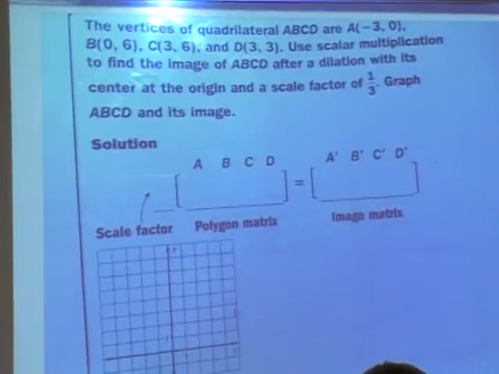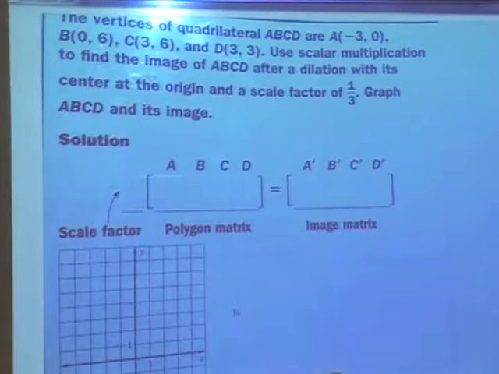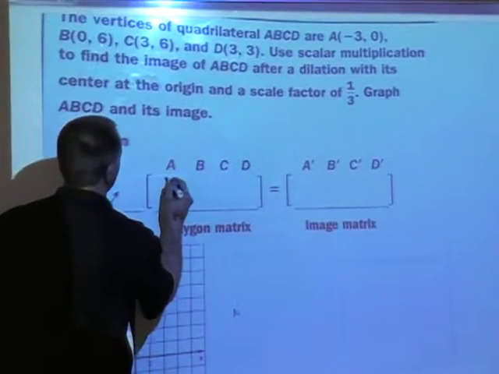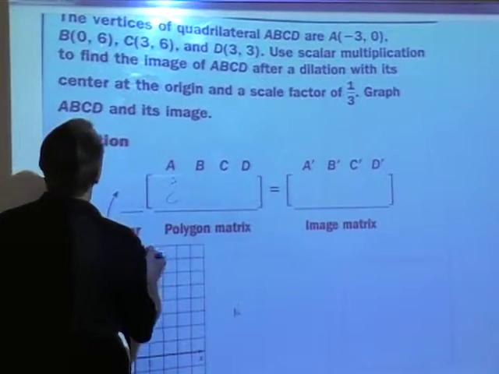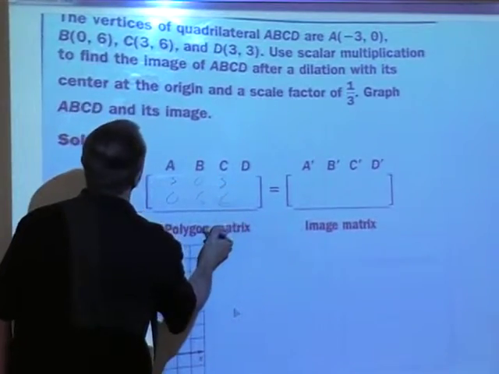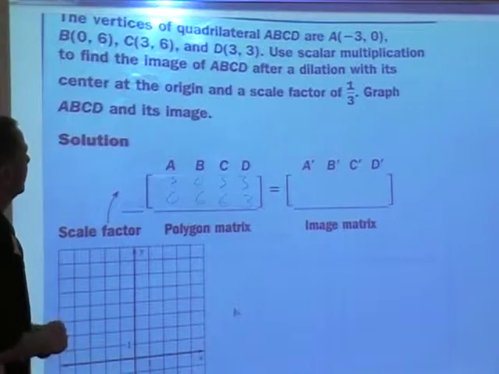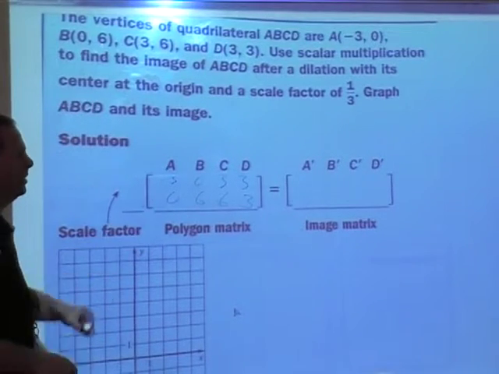Okay, let's do this one. Vertices of quadrilateral ABCD are negative 3, 0; 0, 6; 3, 6; and 3, 3. So that's the pre-image.